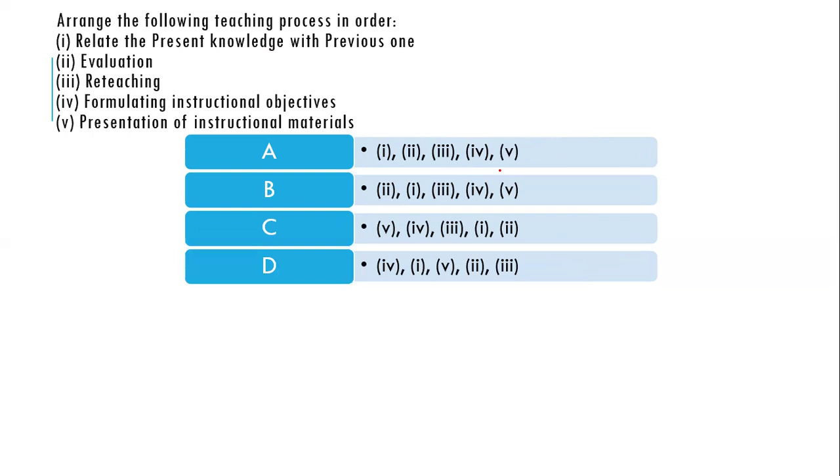Arrange the following teaching process in order. Relate the present knowledge with the previous one. Evaluating, definitely not first. Reteaching, formulating instructional objectives, presentation of instructional materials. We will start with formulating instructional objectives. That would be the first one. Second would be relate the present knowledge with the previous one.